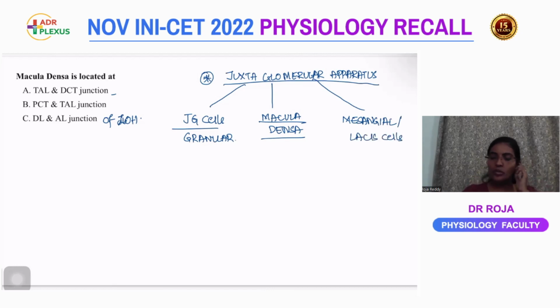These are the three important constituents of the juxtaglomerular apparatus.